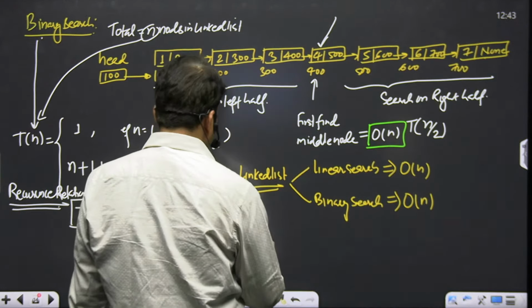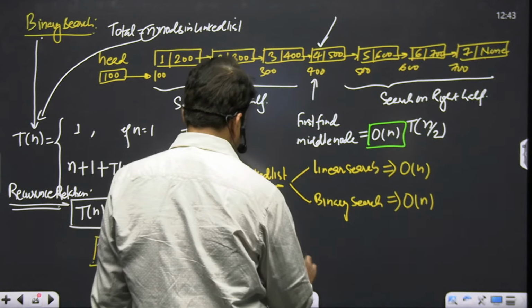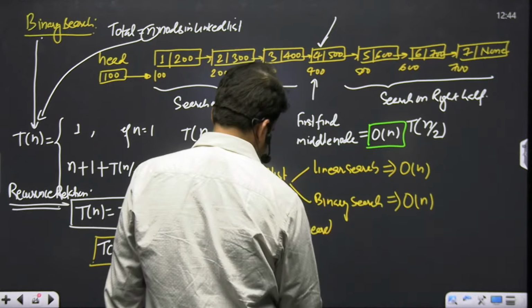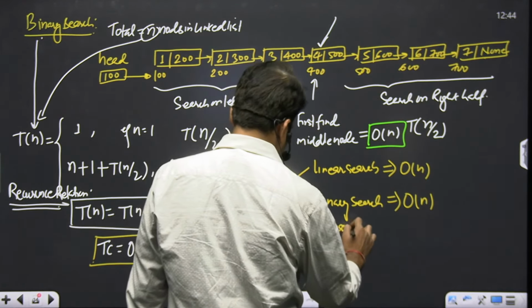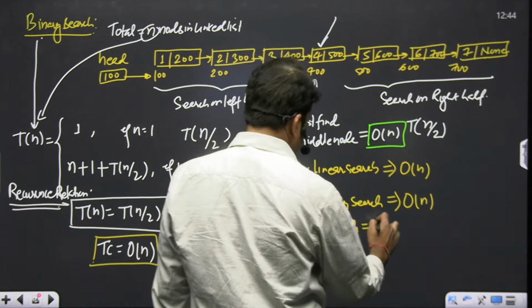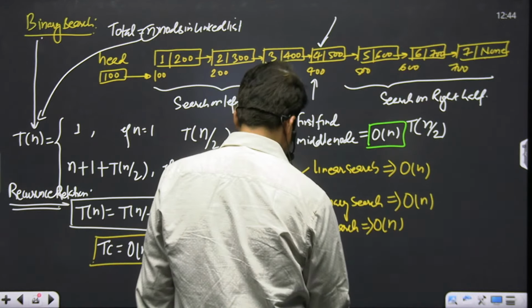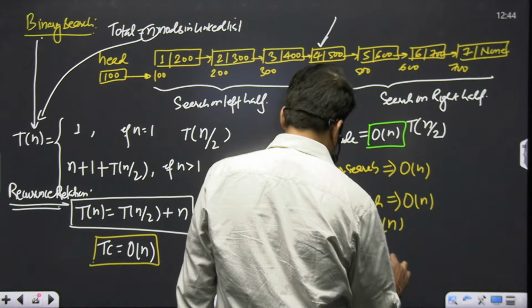If we apply on an array, linear search is order of n and binary search is order of log n.